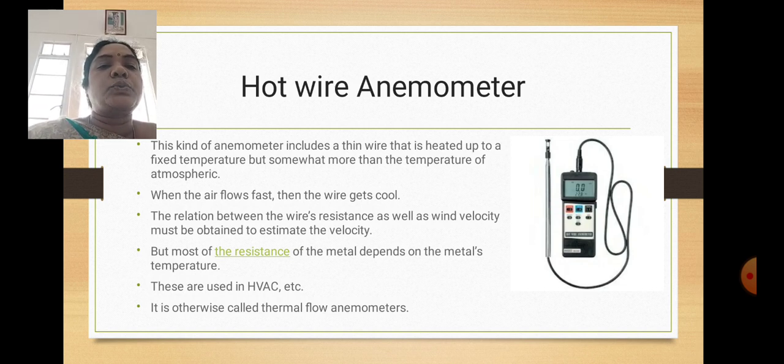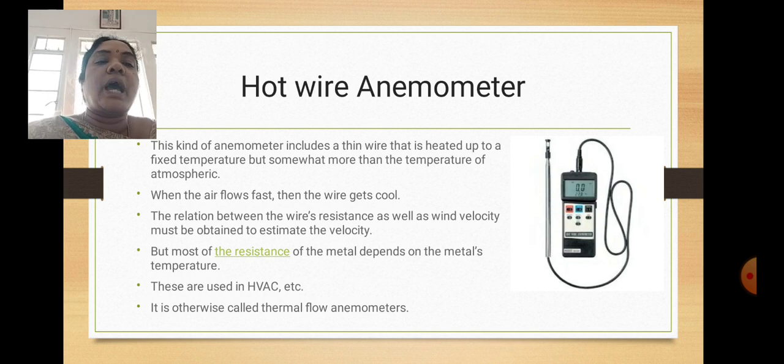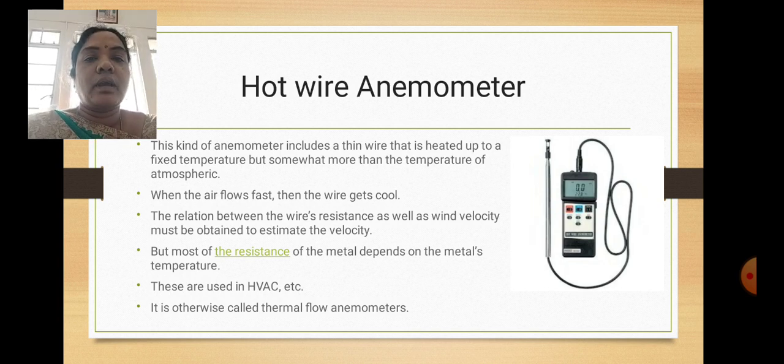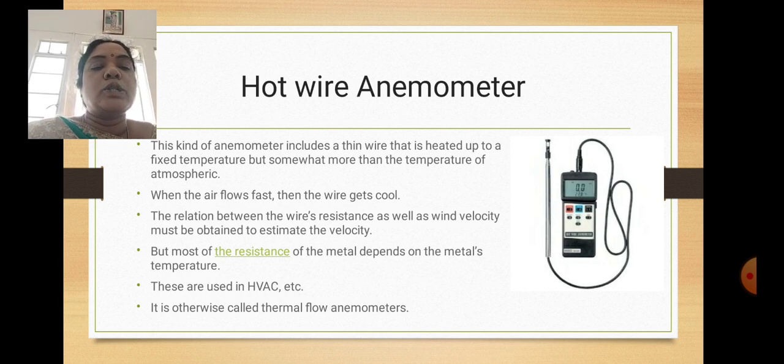The relation between the wire's resistance and the wind velocity must be obtained to estimate the velocity, because the resistance of the metal depends on the metal's temperature. These are used in HVAC, etc. It is otherwise also called the thermal flow anemometer.